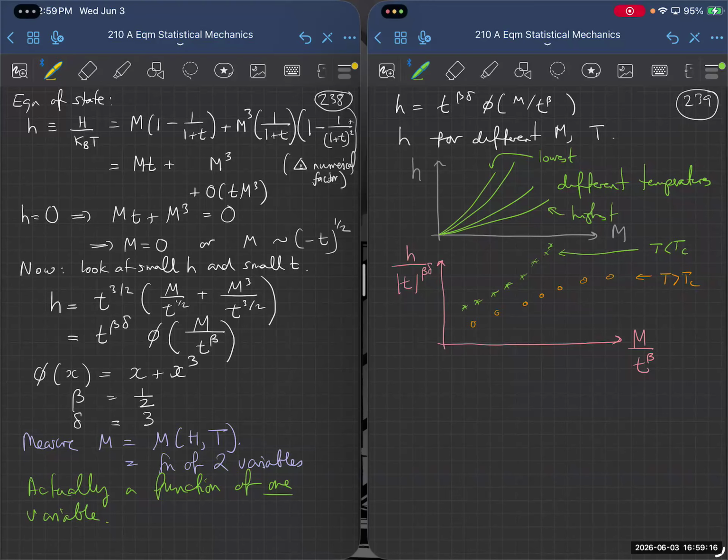Like so. And the data fall onto a universal curve both above and below Tc. So these are data taken at different values of magnetization and temperature, and then when plotted in this way, this is called scaled data or data collapse. And mean field theory predicts data collapse.